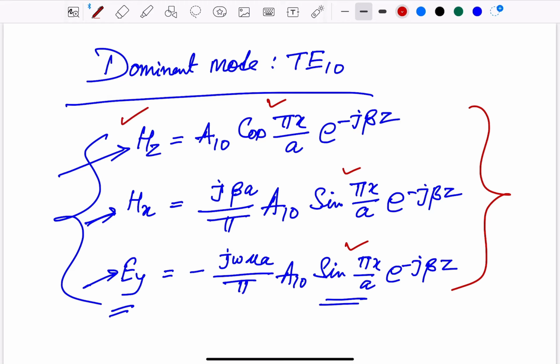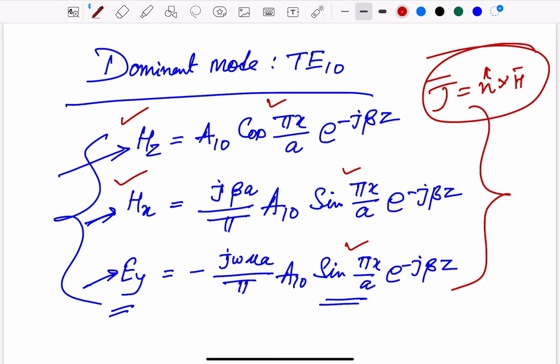We have Hz and Hx, which can be utilized to find the surface current. Hopefully you know the relation J equals n cap cross H, and in this way the surface current can be estimated.